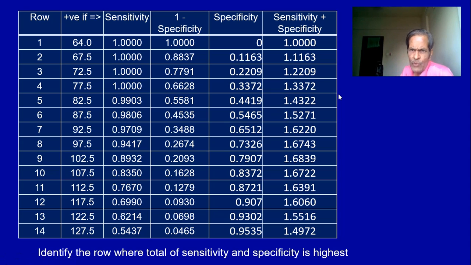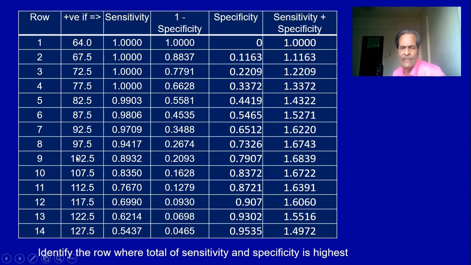So we have to find out the value which is maximum in this column, and the maximum value obtainable is in this row. So we have to find the row in which there is the maximum value in this column, which is the sensitivity plus the specificity, and this is the maximum value, and this is the diagnostic value.